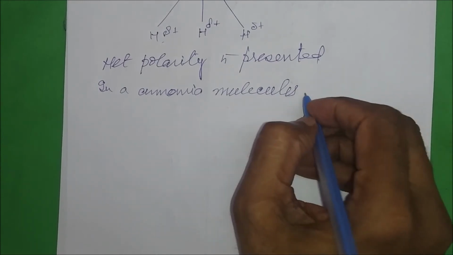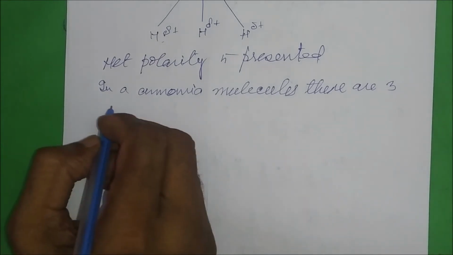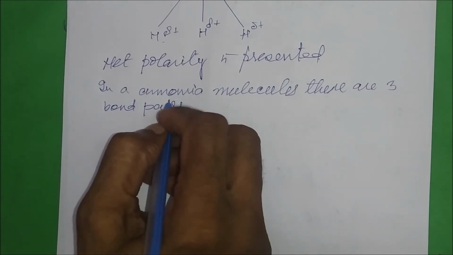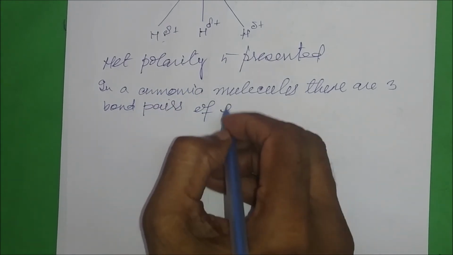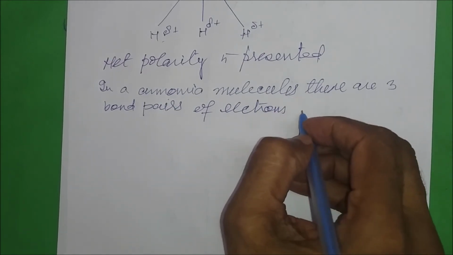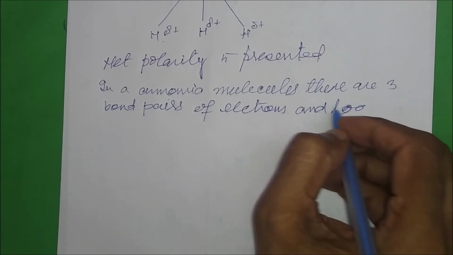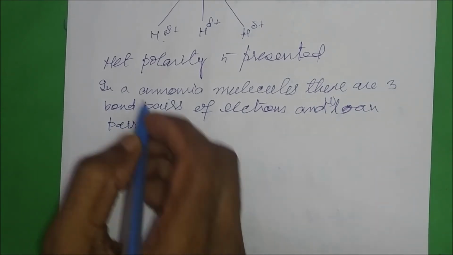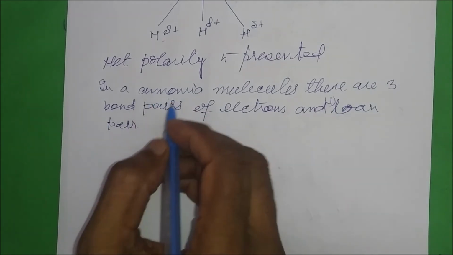There are 3 bond pairs of the electrons, and 1 lone pair, which you have seen on the top. 1 lone pair of the electrons.